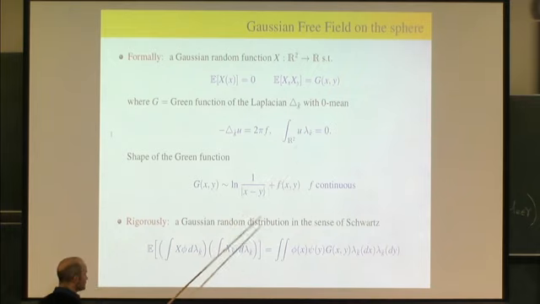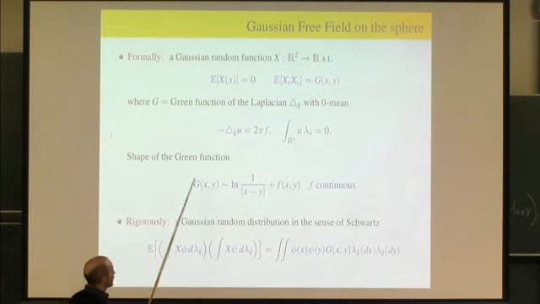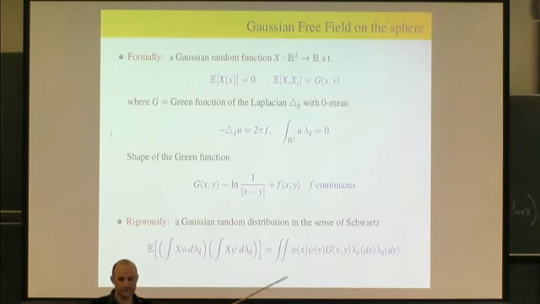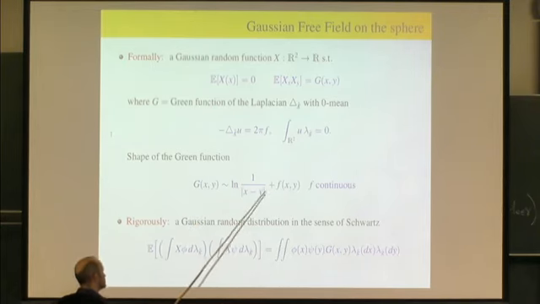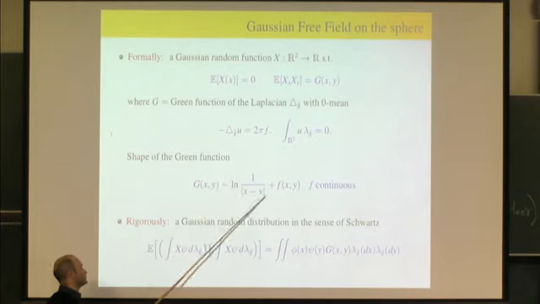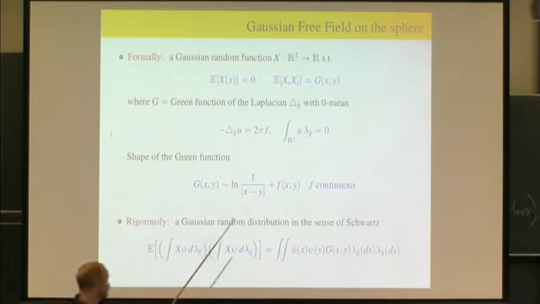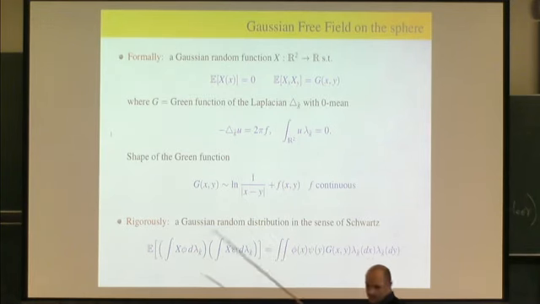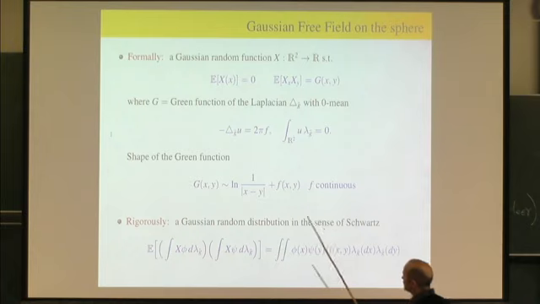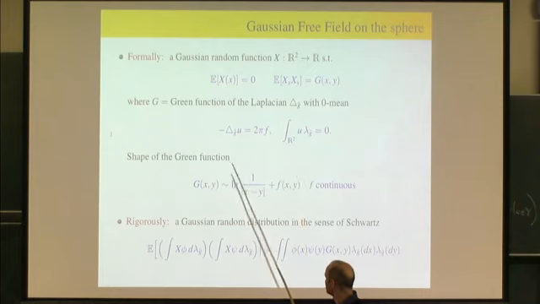If you look at the shape of your Green function, there is a short-scale dominant, leading term, which is a log. And behind this singularity you have a nice function f. So this is the formal description you want of a Gaussian free field. But of course this is not rigorous, because the variance blows up when x is equal to y.